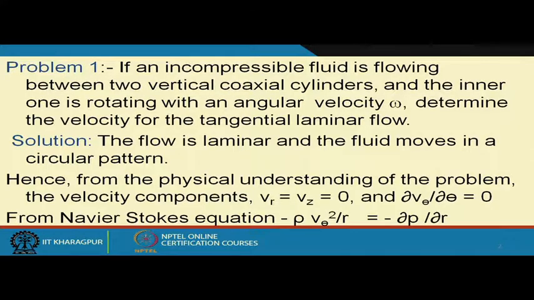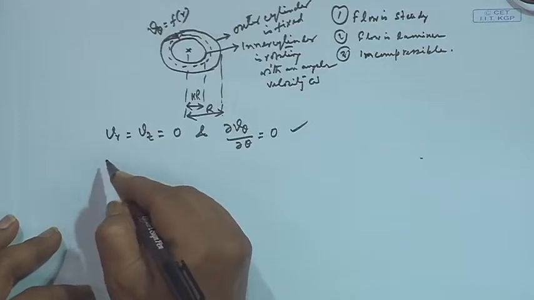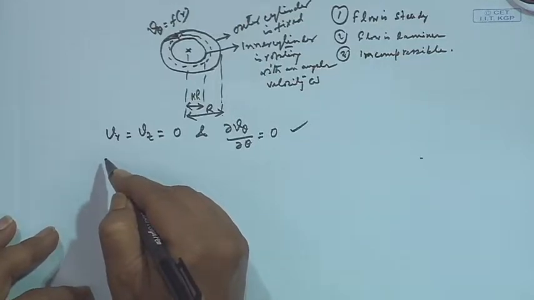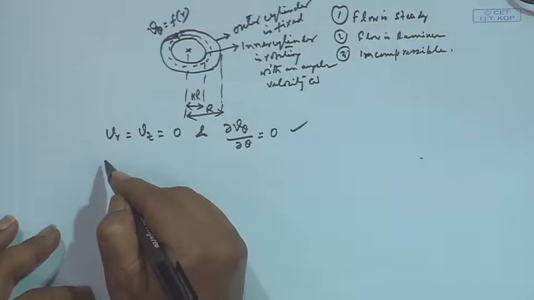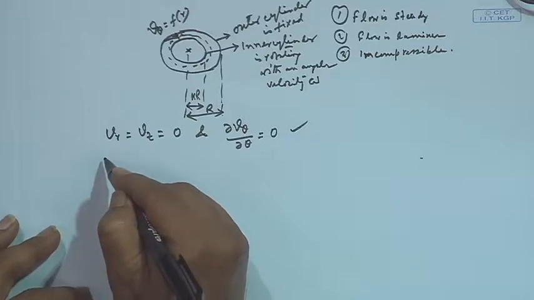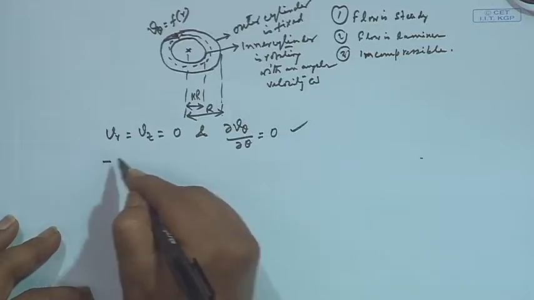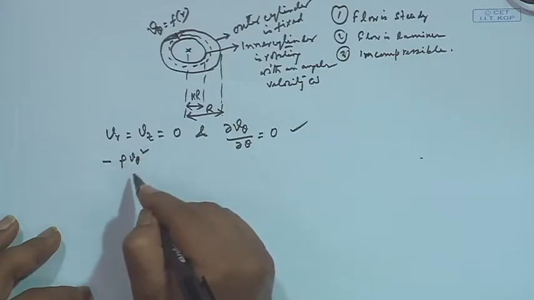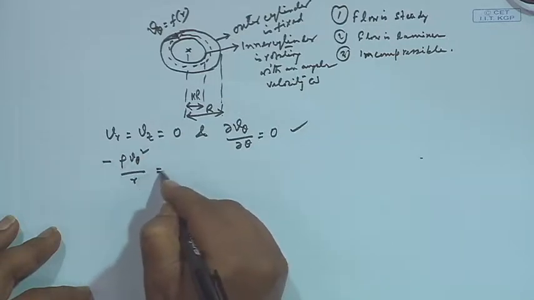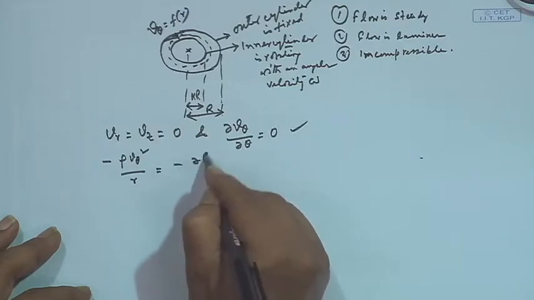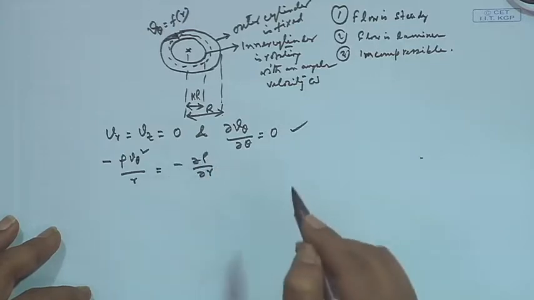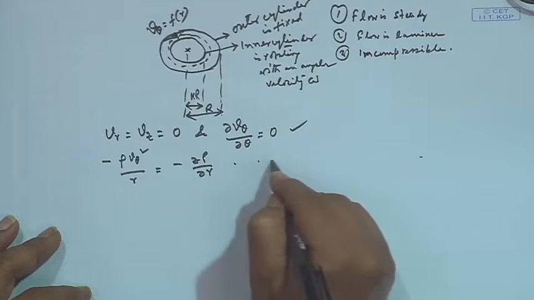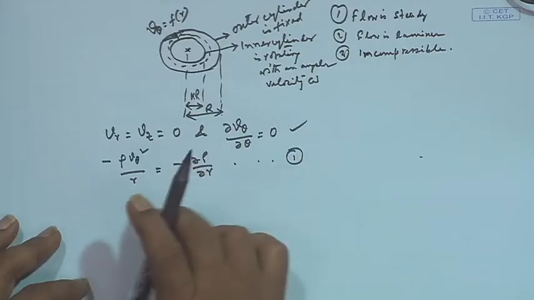So, if this is true, then as usual, as we have done in earlier cases, from the first equation of the Navier-Stokes equation, first we can write minus rho V theta square by R is equal to minus del P del R, right. This is equation number 1.